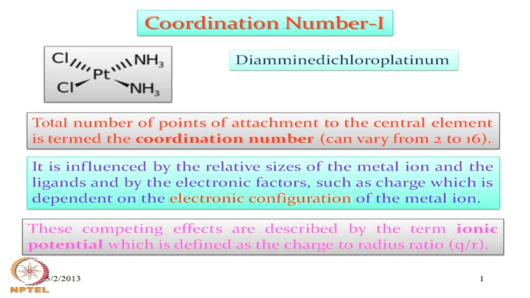So, these size factors definitely play a tremendous role not only in coordination number for the different metal ions in metal complexes, but also in biological systems dealing with metal ions.